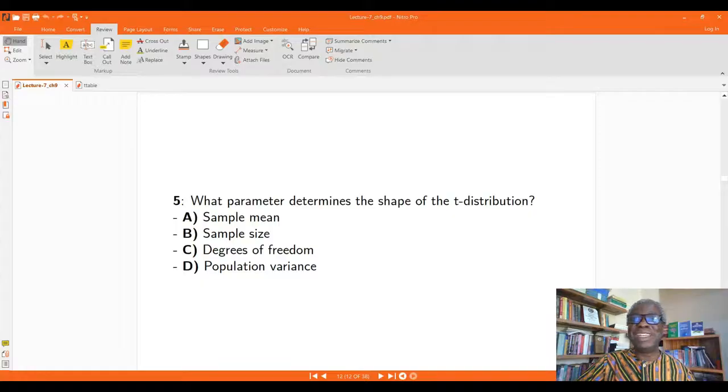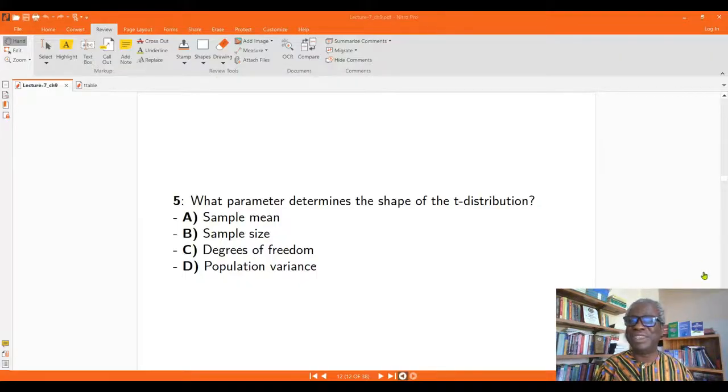What parameter determines the shape of the t-distribution? Sample mean, sample size, degrees of freedom, population variance. Fairly technical for you, but let me see what your options are.